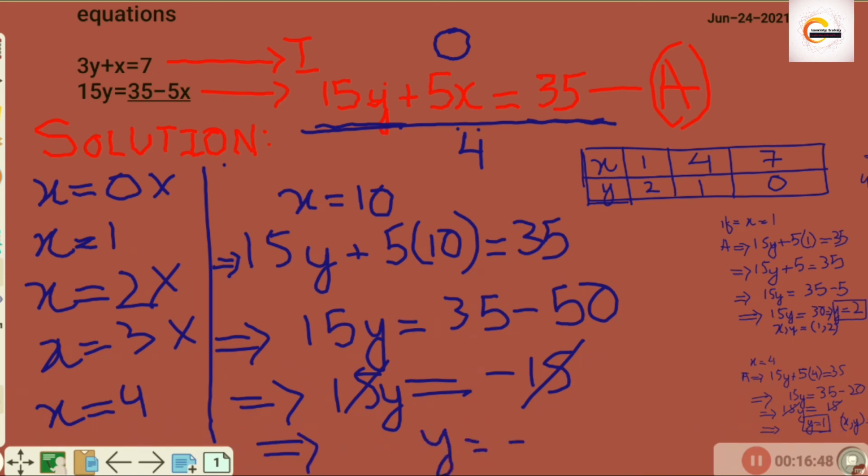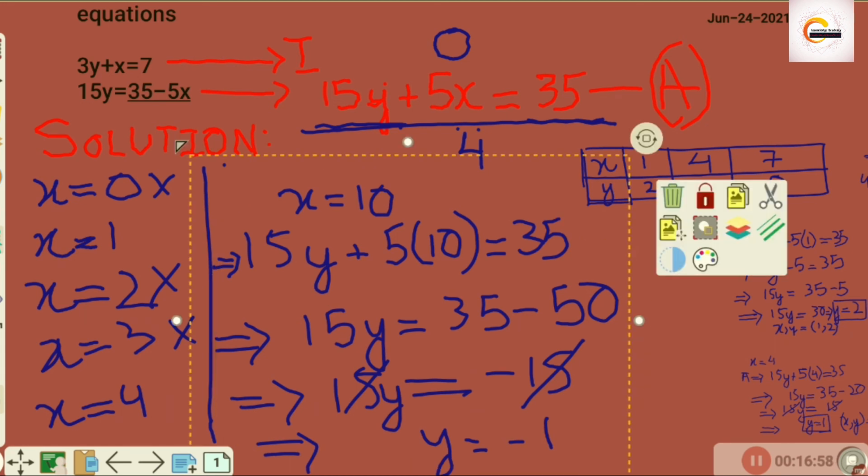Now I am going to make another table of all these 3 points, and we will plot a graph.